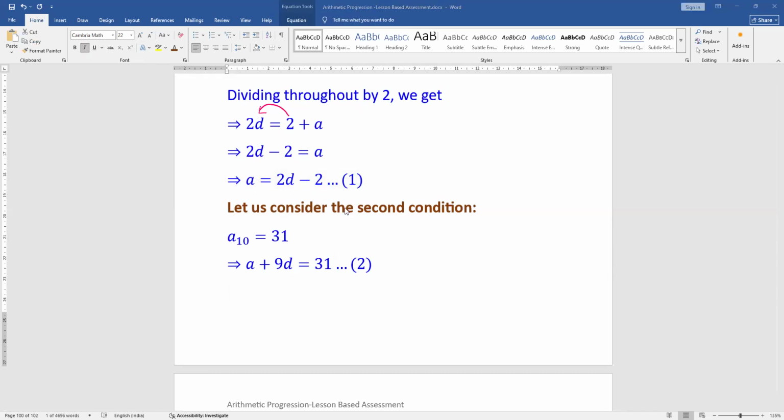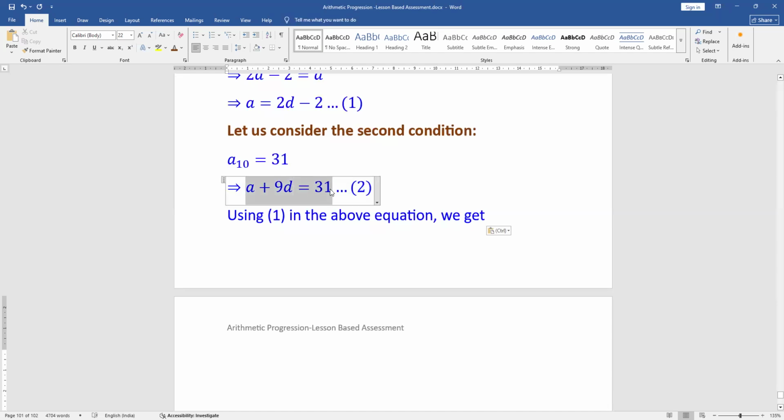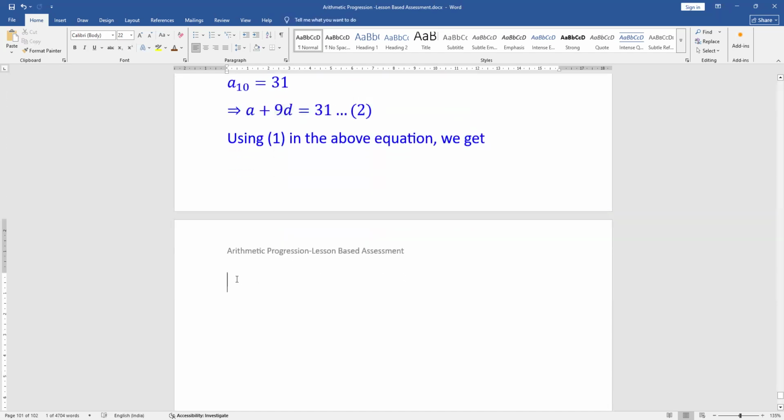So I can use equation 1 in equation 2. Using 1 in the above equation, we get, just take this equation and write it here.